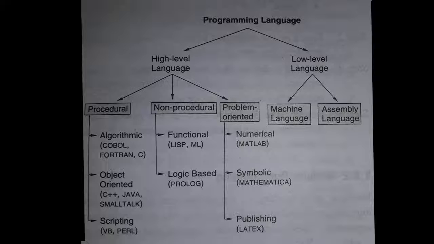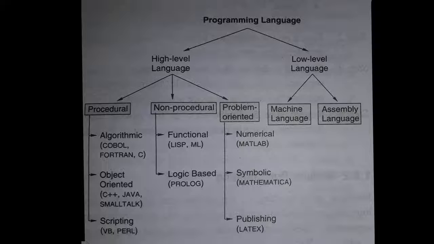And the next level, the low-level language, has syntax native to the computer code or the binary code, that is 1 and 0. Moreover, high-level languages are also classified into three types: procedural, non-procedural and problem-oriented.